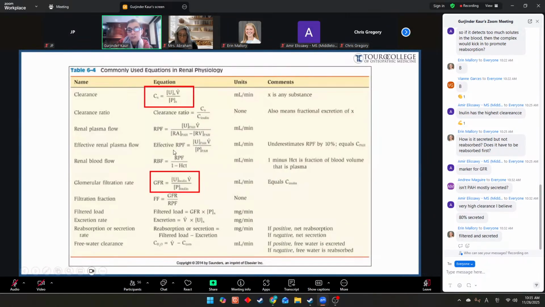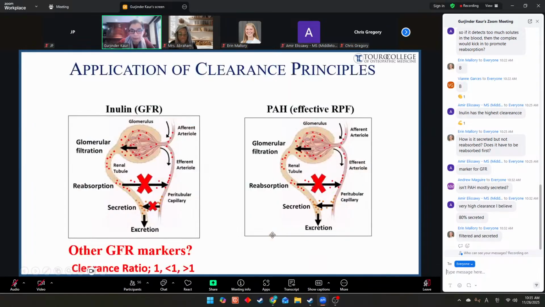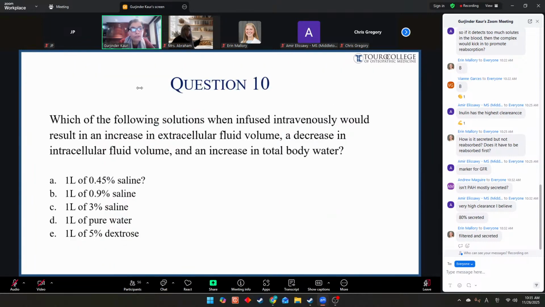Instead, you just do effective renal plasma flow and just adjust by 10%, and that will give you effective RPF for someone. Clear? Everyone good? Okay. Wonderful. So just make sure that clearance, GFR, all those calculations, you should be ready.